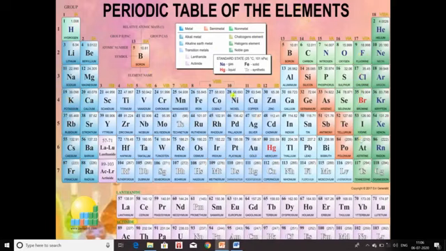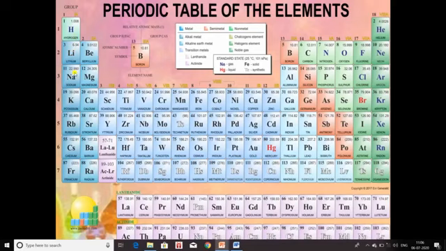You can give the reason according to their electronic configuration, because when we write the electronic configuration of group number 1, you will observe that only one electron is present in the last shell. So it is easy to remove this electron.